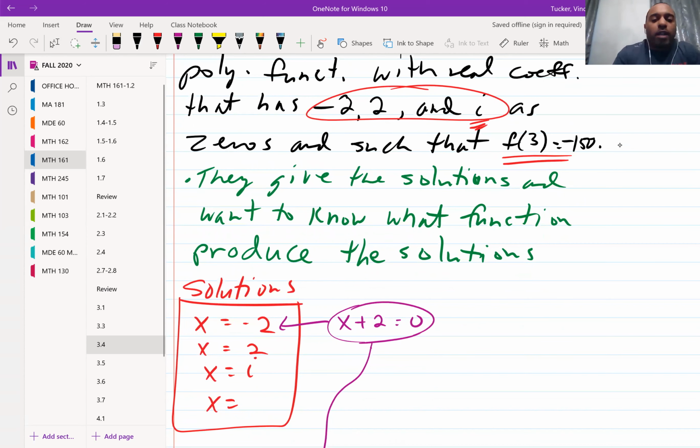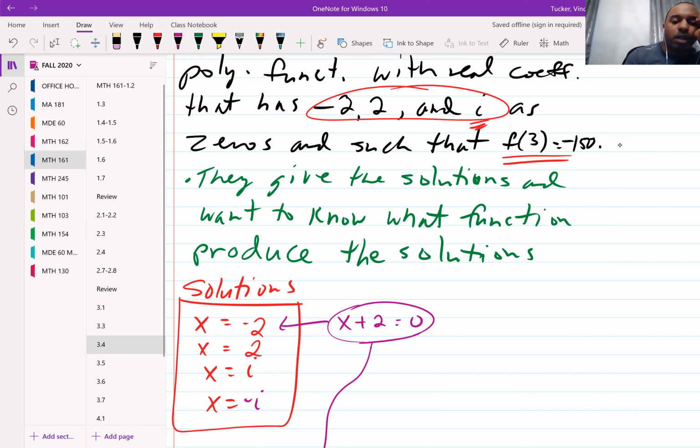So they give us -2 and they give us +2, which is fine. Now they give us i, but because they give us i, that means they also give us the fourth solution, which is -i.